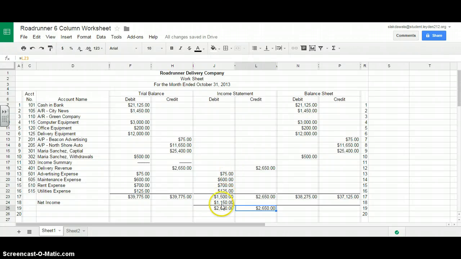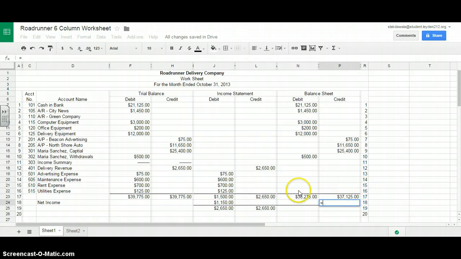So what we're going to do is transfer our net income to our owner's equity account. When we increase our owner's equity, we increase it on the credit side. So we're going to take this value of net income, $1,150, and we are going to place it in the credit column of our balance sheet.